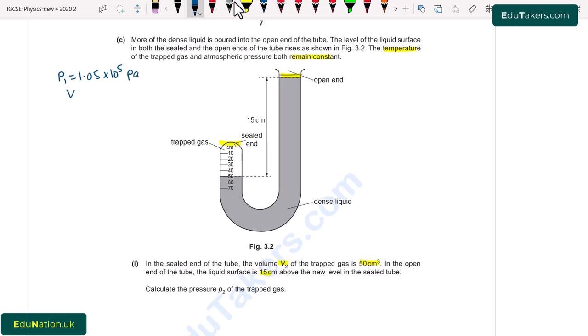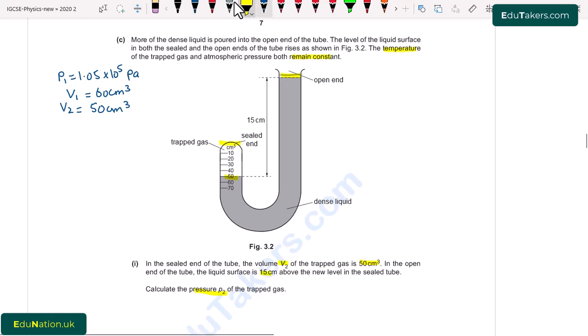And initially volume is equal to 60 cubic centimeter. Now, after the tube is poured with some liquid, the volume becomes 50 cubic centimeter. You can see in this figure, volume is 50 cubic centimeter. So I write V2 is equal to 50 cubic centimeter, and we have to calculate the pressure P2.